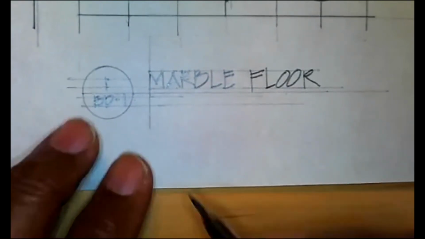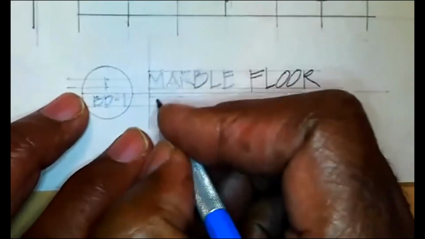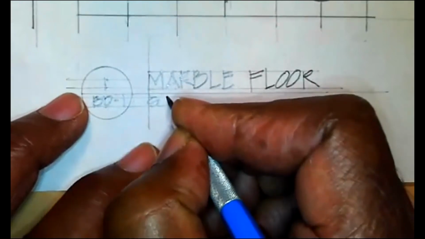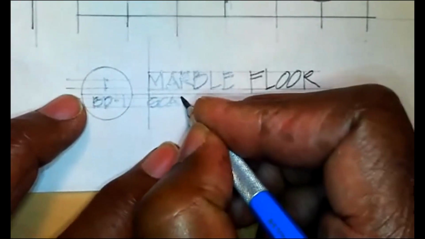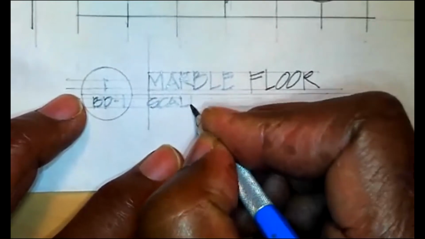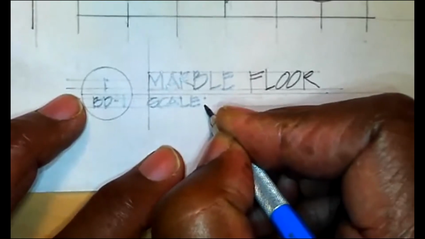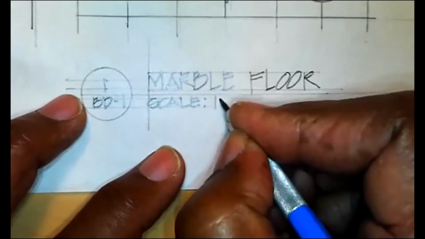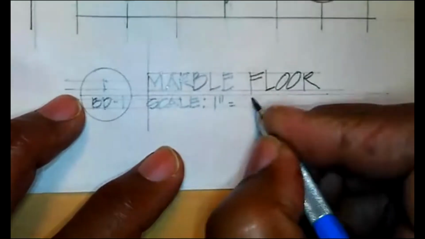You'll see what I mean in a few minutes. All right, so now I'm going to write the word scale here. Scale colon, not semicolon. Okay. 1 inch equals 1 foot.